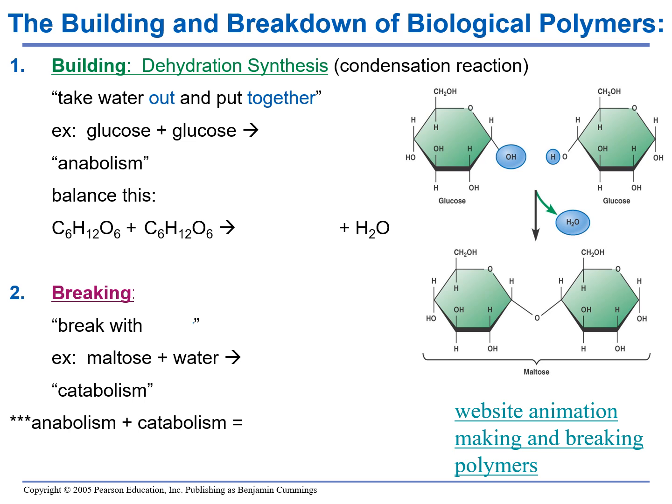So this is a building process. For example, on the right, you see glucose. The glucose is losing water, and that creates maltose. This is anabolism shown. So anabolism is when something is built.